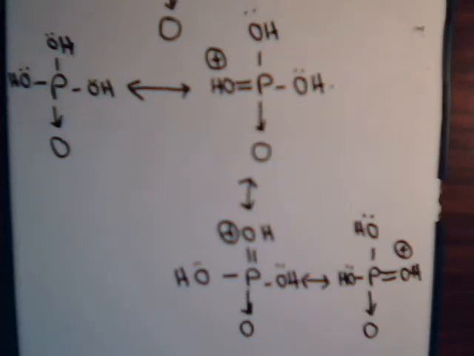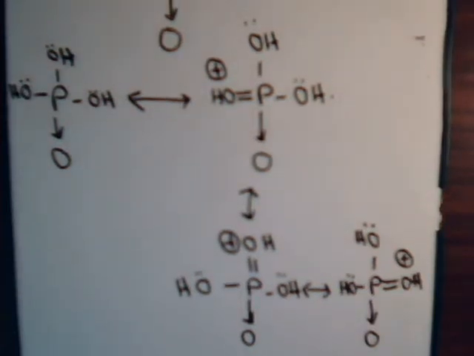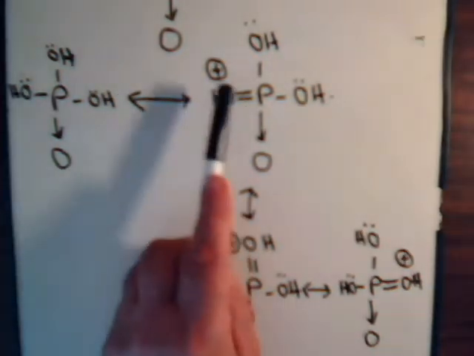This is different oxygen atoms donating their pi electron pair to an empty phosphorus d orbital. But the fact that we can write these different canonical structures adds some stability to the system. Now, it's not a real good form because oxygen is fairly electronegative and it has that positive charge on it.